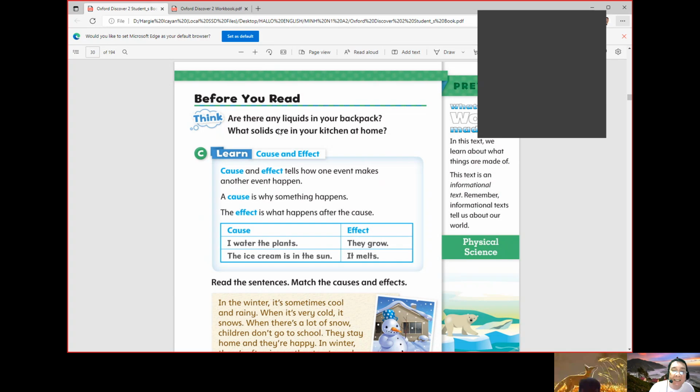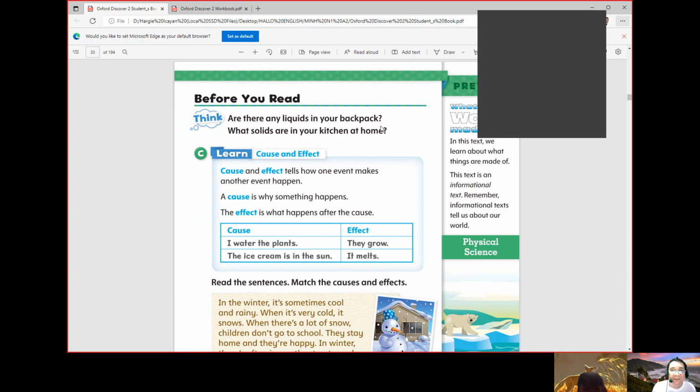Now, before we read, are there any liquids in your backpack, Min? Are you using a backpack, Min? Yes. Okay. Are there any liquids in your backpack? No. Why?